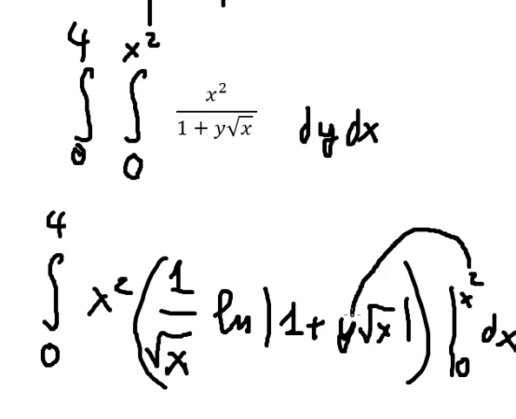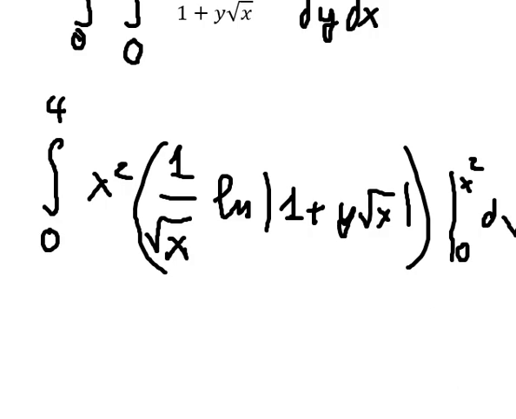So I will put x squared in for y and 0 in for y.